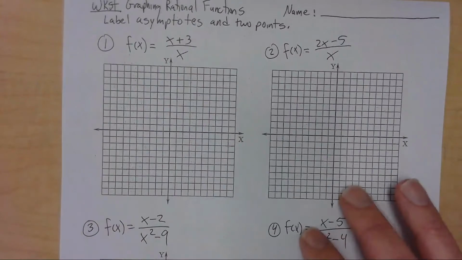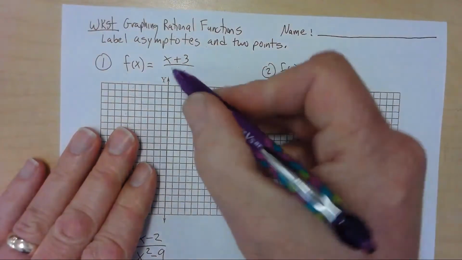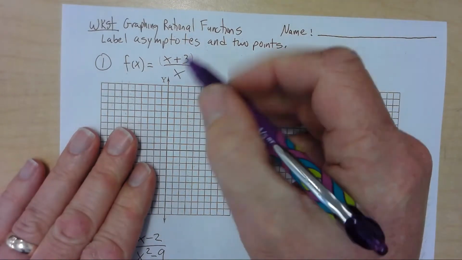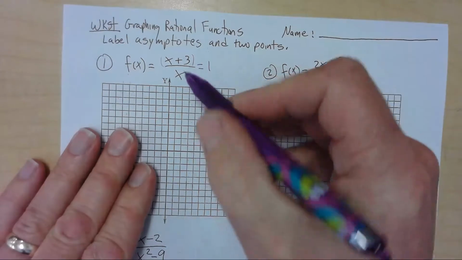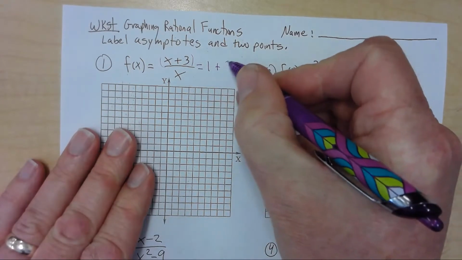Okay, so here's number 1. The first thing we learned is that we can represent this a different way. So x, there's like invisible parentheses here. You're going to divide x into x, which would be 1, and you're going to divide x into 3, which would be 3 over x.